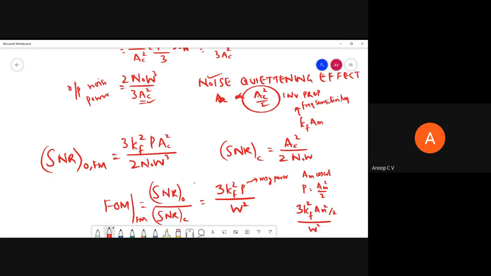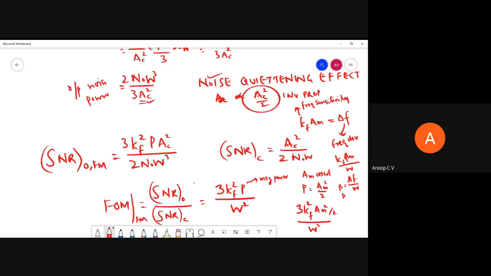KF into AM is called frequency deviation. And kf into AM by W, or delta F by W, or delta F by FM, was actually equal to beta or the deviation ratio, right? Delta F by W was the deviation ratio.